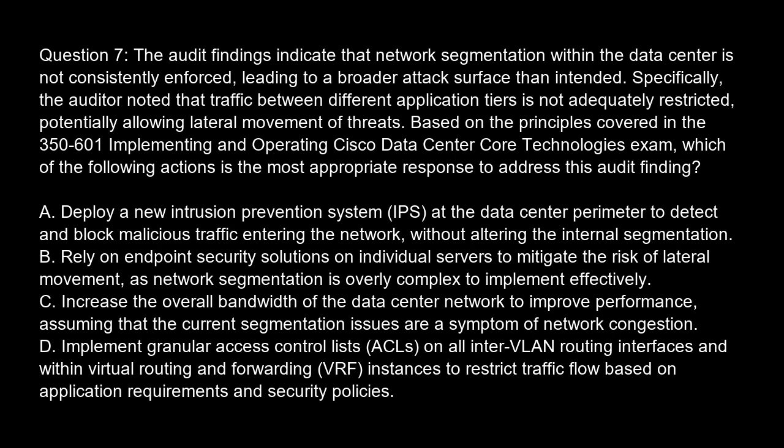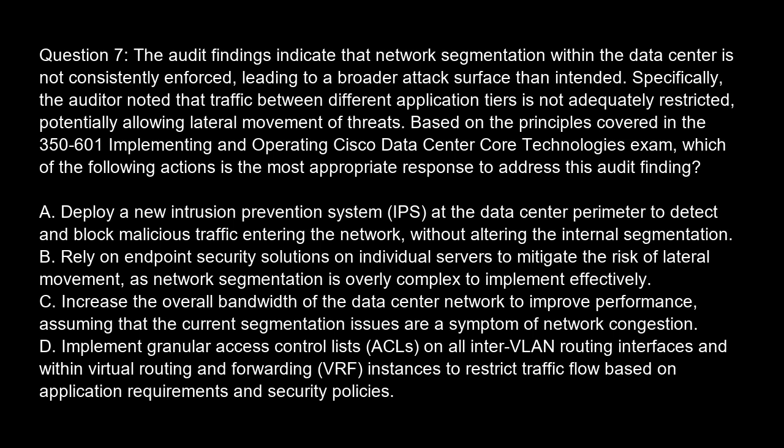Option A. Deploy a new intrusion prevention system, IPS, at the data center perimeter to detect and block malicious traffic entering the network, without altering the internal segmentation. Option B. Rely on endpoint security solutions on individual servers to mitigate the risk of lateral movement, as network segmentation is overly complex to implement effectively.